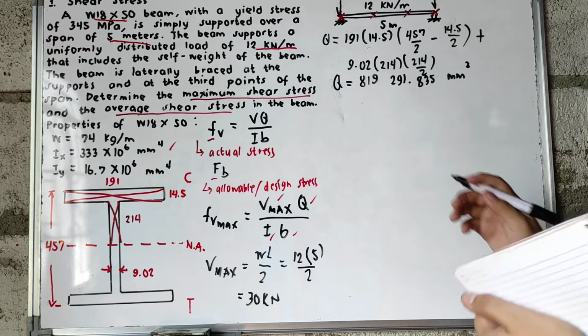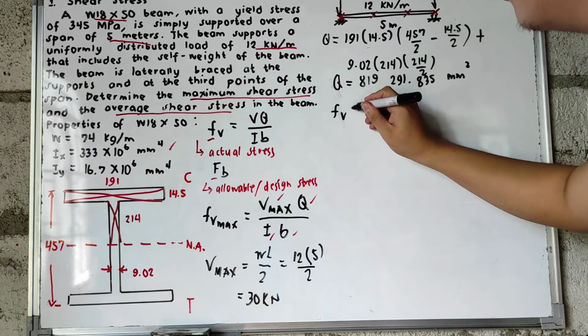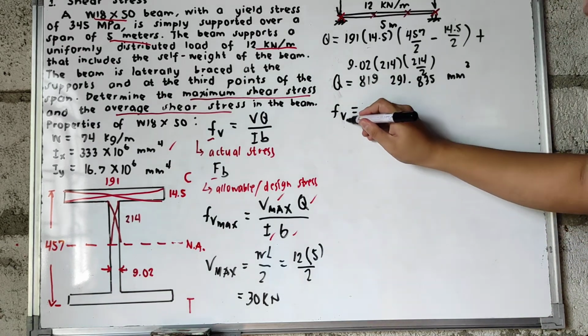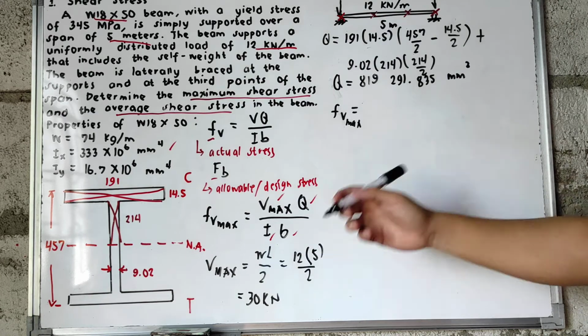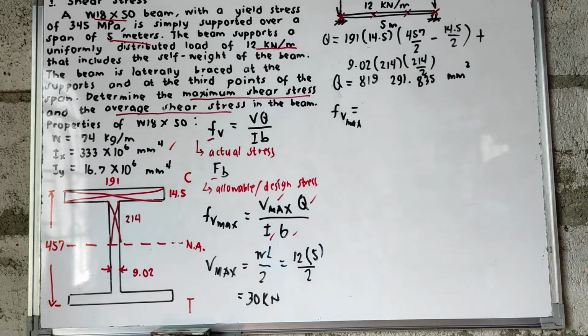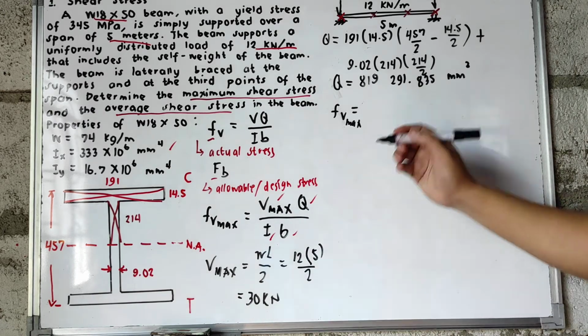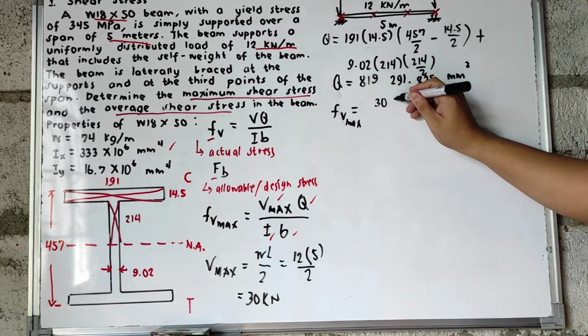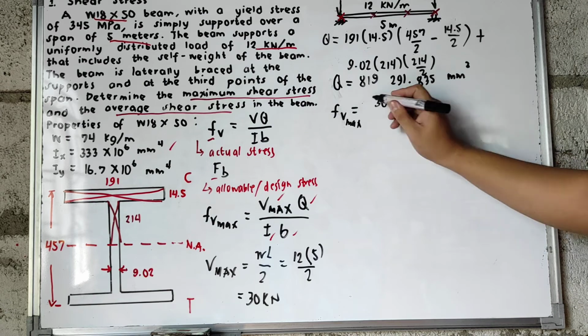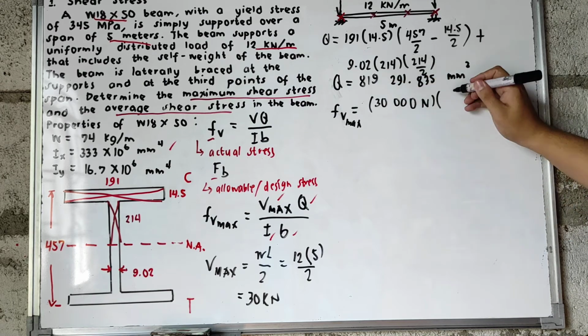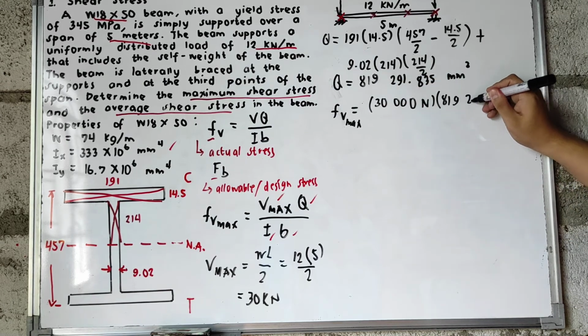So makukuha na natin yung value ng maximum shear stress natin. So FV max, so yung Vmax natin, laging naka-Newton mm tayo. So, para maging Newton, we will just multiply 1,000. And then, yung Q naman, we will just rewrite it.